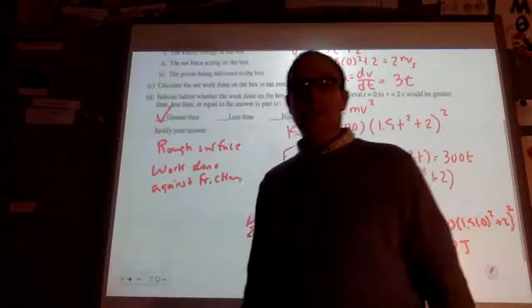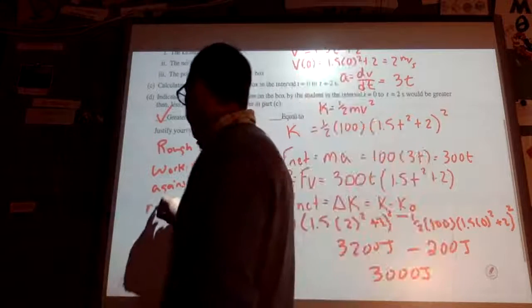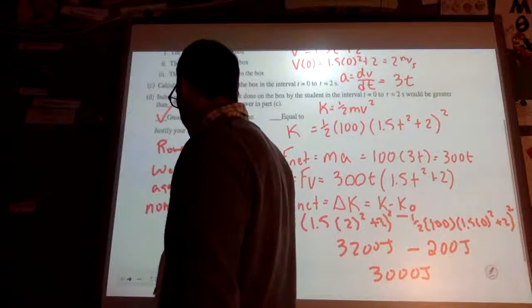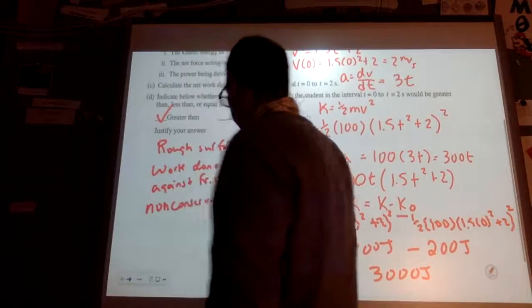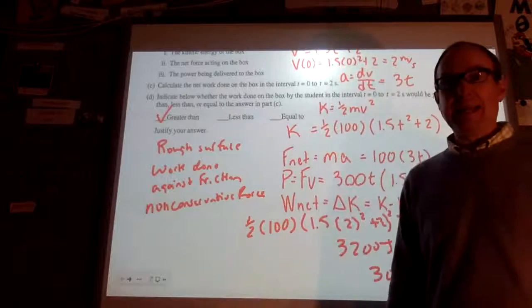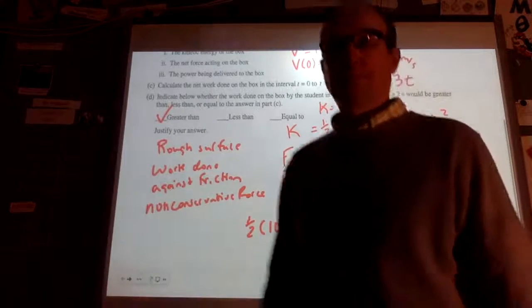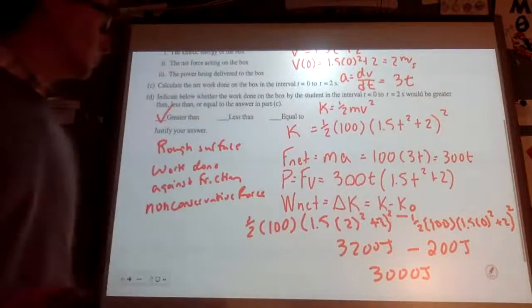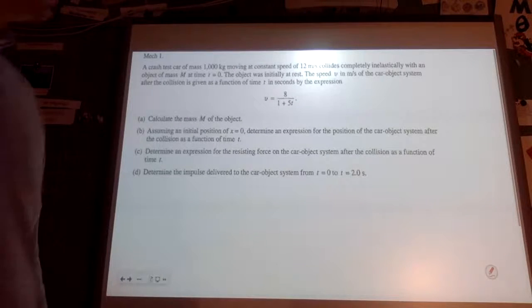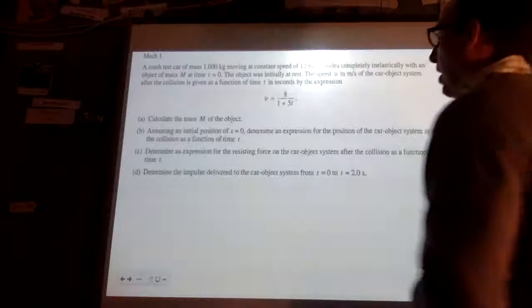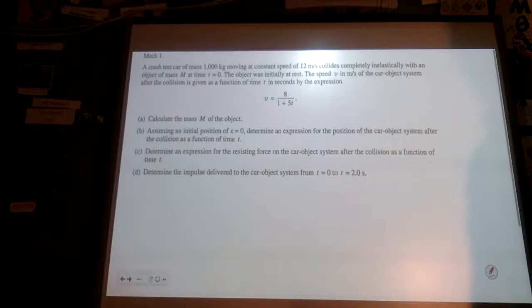And again, we would say that friction is a non-conservative force. Remember those forces that we can't easily get the energy back from. That's just the answers.